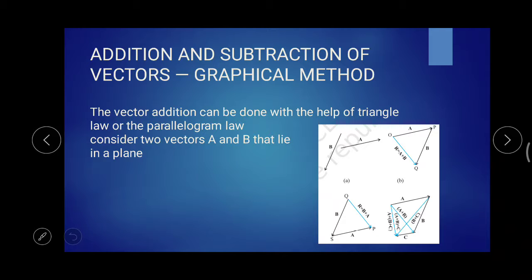Now come to addition and subtraction of vectors with a graphical method. Today we will discuss the addition of vectors. When we discussed scalar quantities addition, we studied that we simply add the values as in numeric operations.